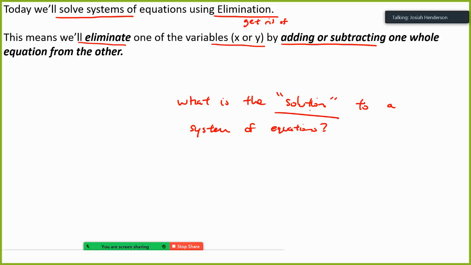So in your own words, it doesn't have to match exactly how I said it, but what does it mean to find the solution? Can anyone tell me your best guess, your best idea, explanation for the answer to a system of equations? Think back.